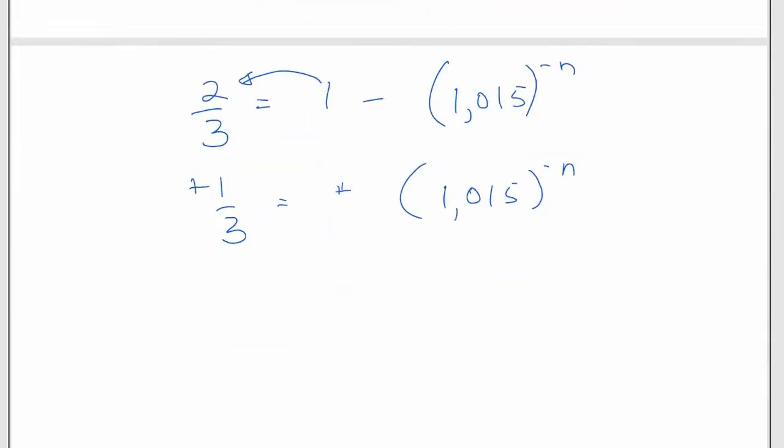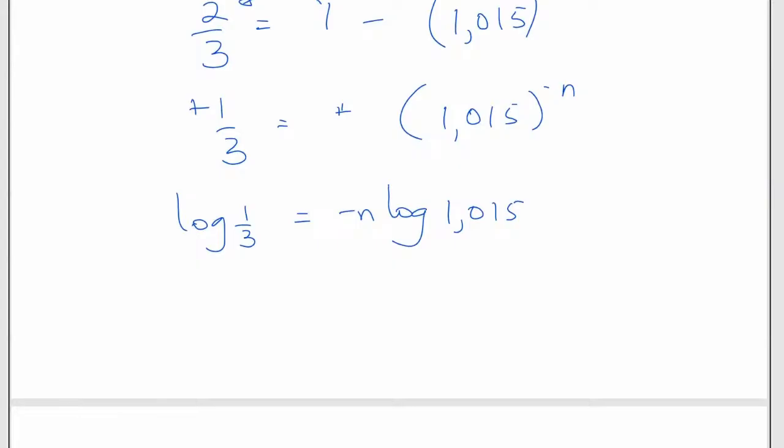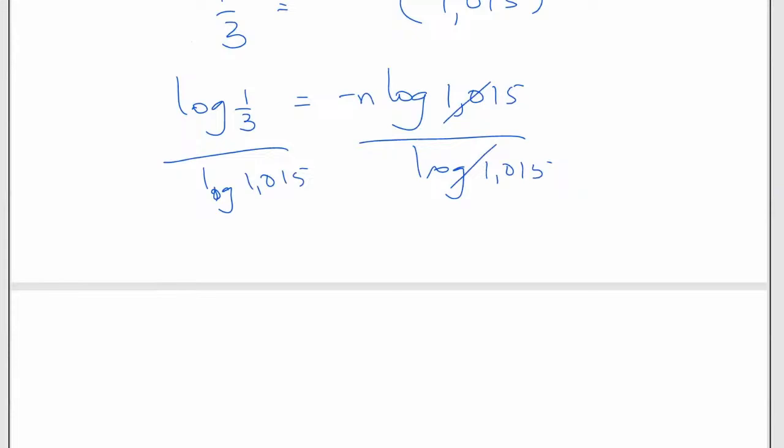Then we can use our logs. So log 1 over 3 is equivalent to negative n log 1.015. Let's divide both sides by this log 1.015. So this cancels that, meaning that my negative n, let me simplify this first.